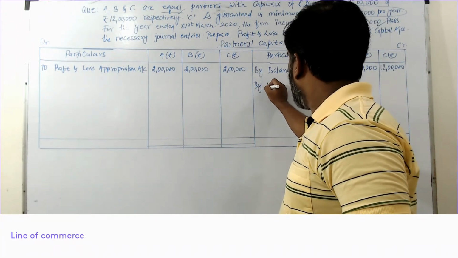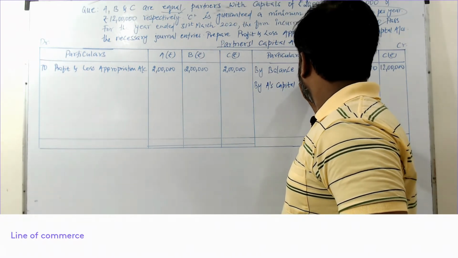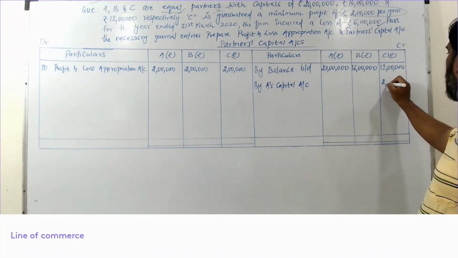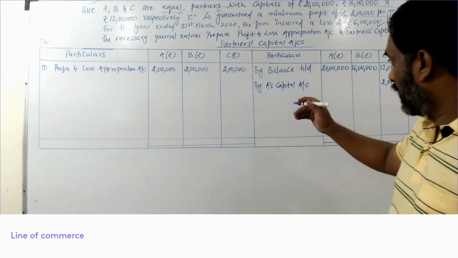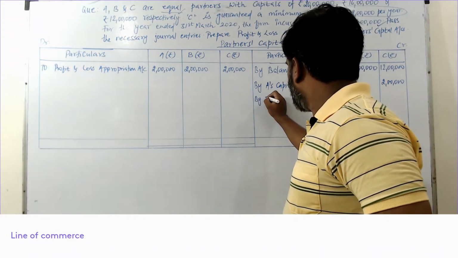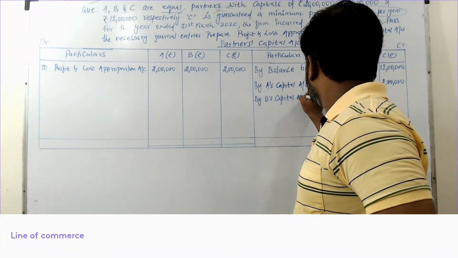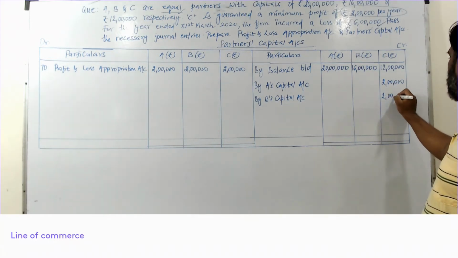By A's capital account, in C's column please write 2 lakh rupees. Similarly, by B's capital account, again in C's column write 2 lakh rupees.